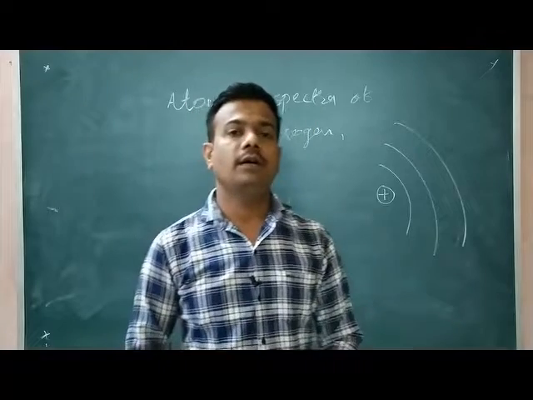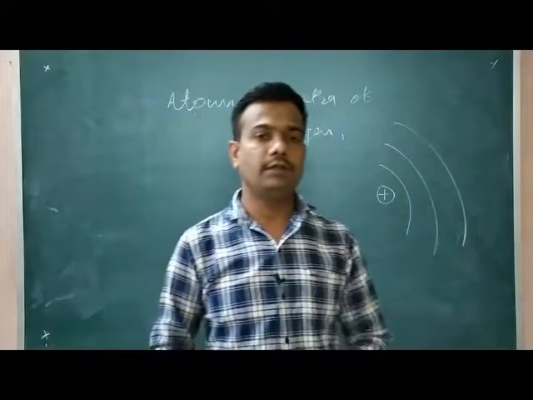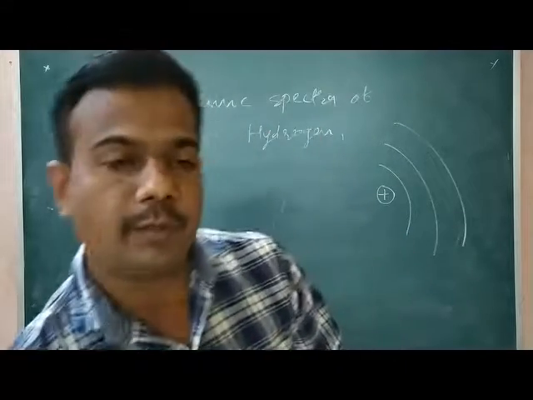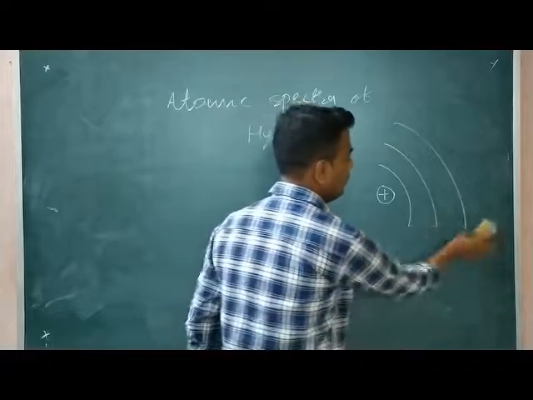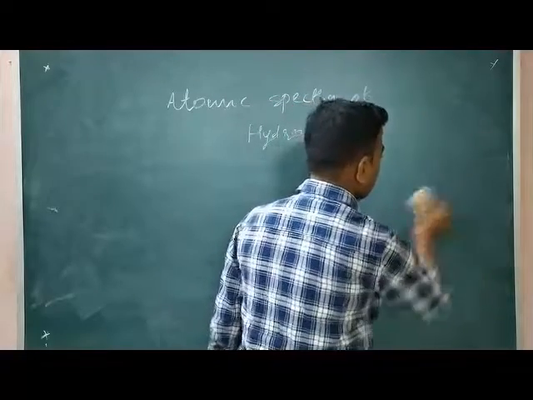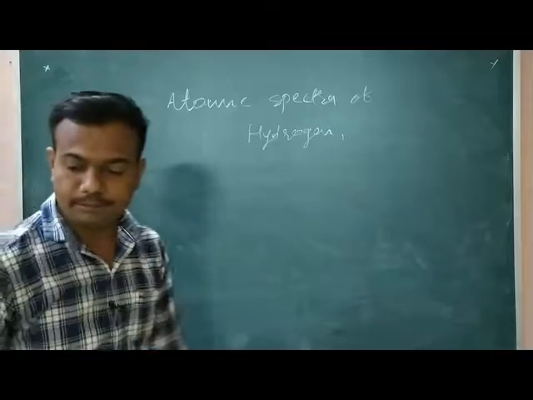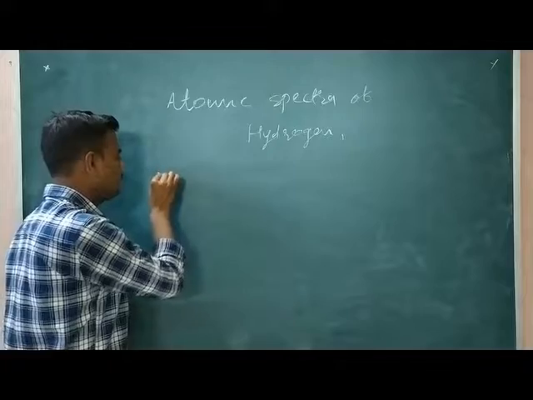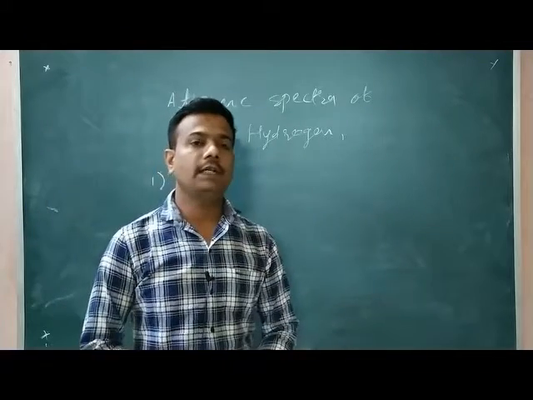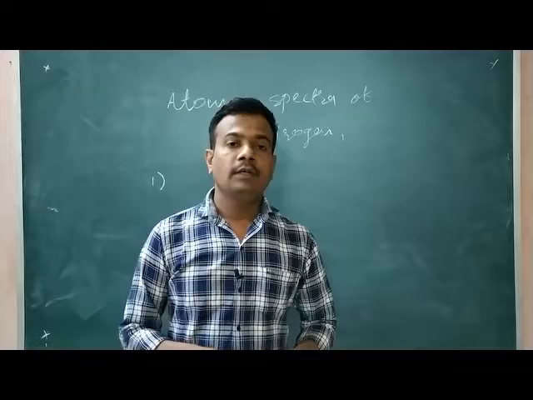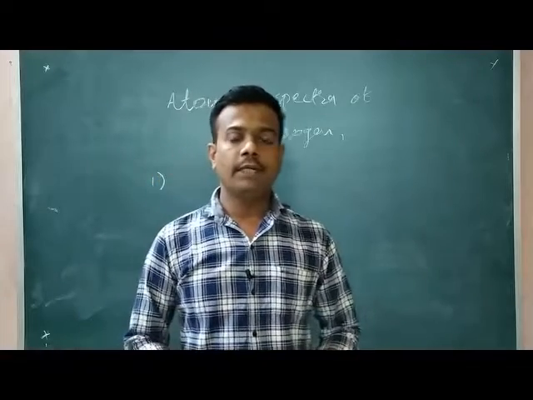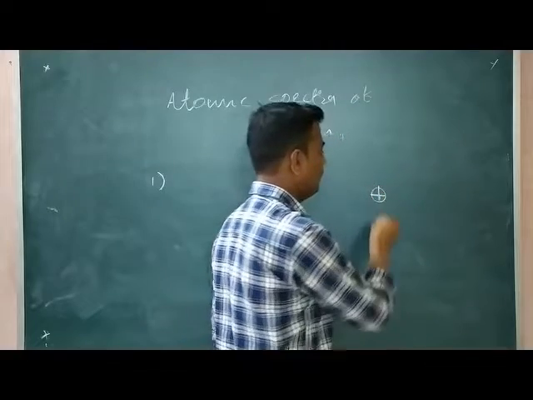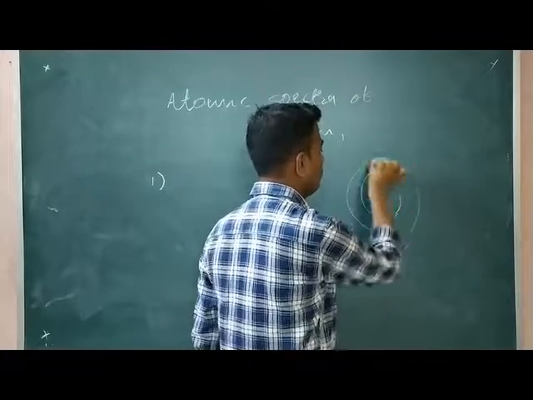So the atomic spectra which we are going to discuss is based on Bohr's atomic model. You are familiar with Bohr's atomic model. This model is based on three postulates. The first postulate tells us that the hydrogen atom is composed of a nucleus, and the electron is revolving in a circular orbit.